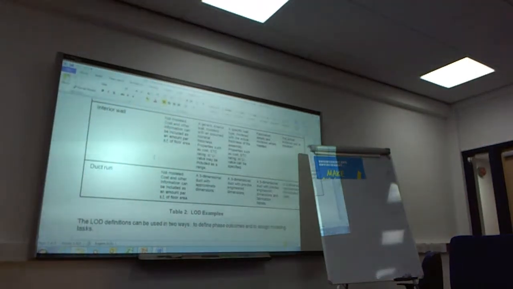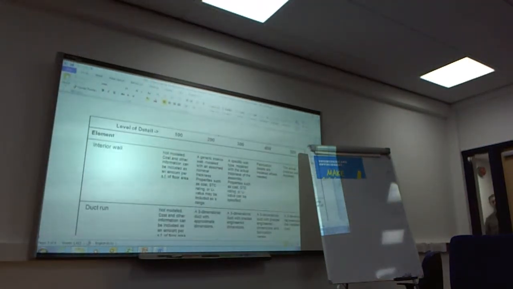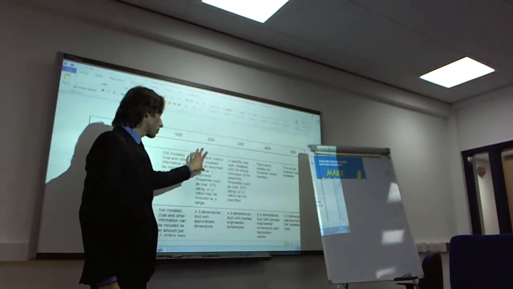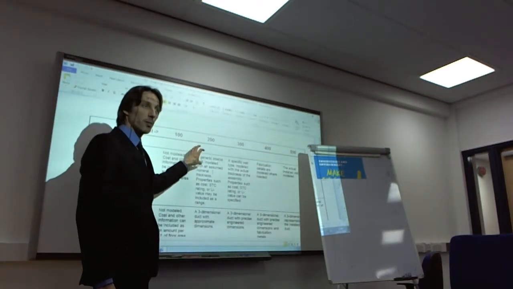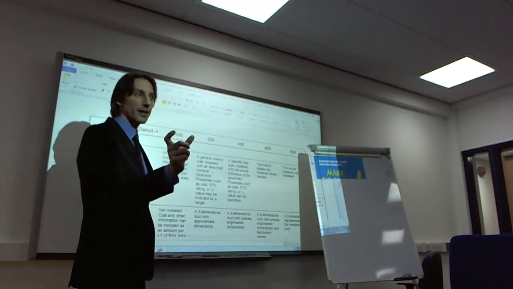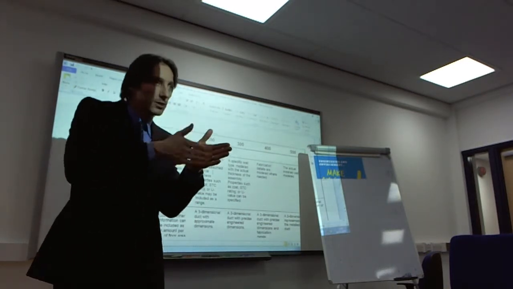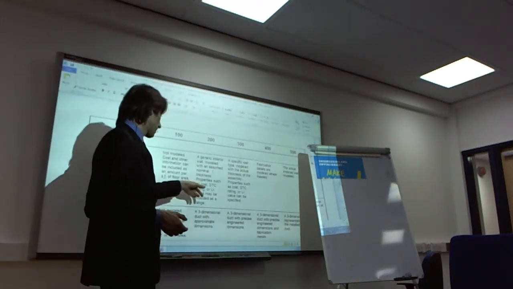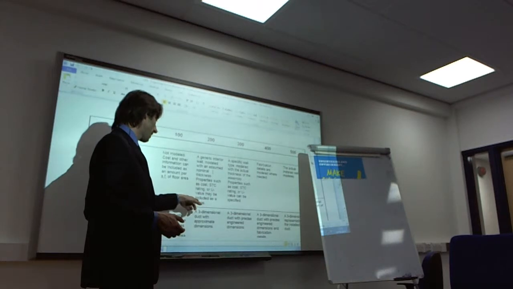But if you want to move up to level 200, then you start to have some idea of where the geometries should be with a nominal thickness, but you don't go into detail about what the layers in between are. That's not interesting yet. Properties such as cost and so on might be included as a range.